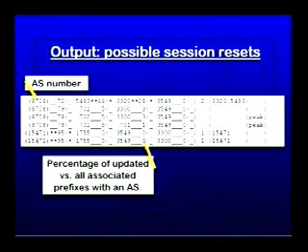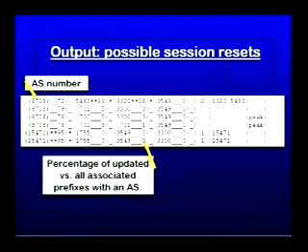So our tool analyzes all ASs that are involved in an update. These are the ASs from the new AS path and the ASs from the old AS path. And for each AS, we calculate the fraction of the routing table which is updated recently.